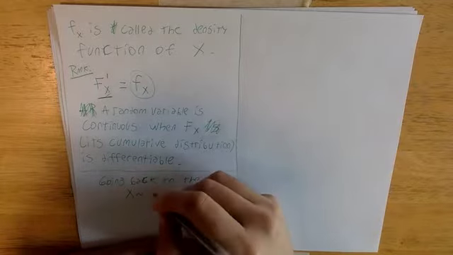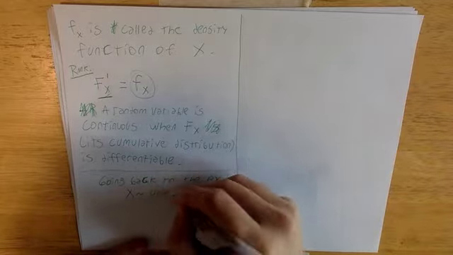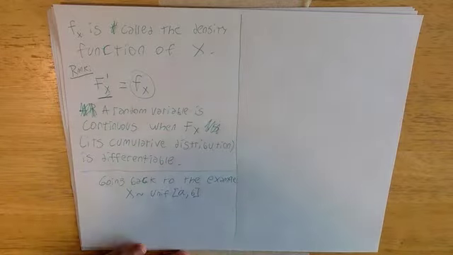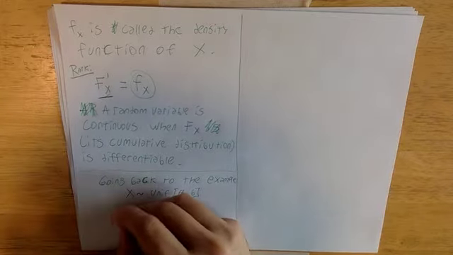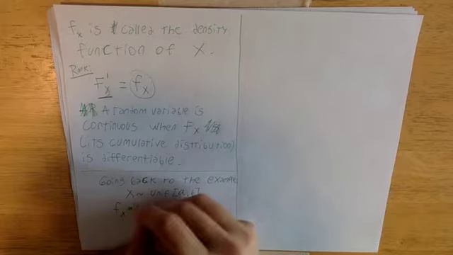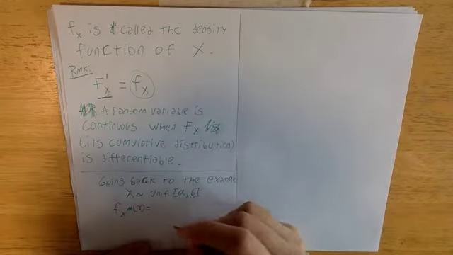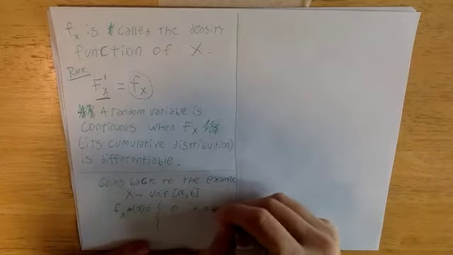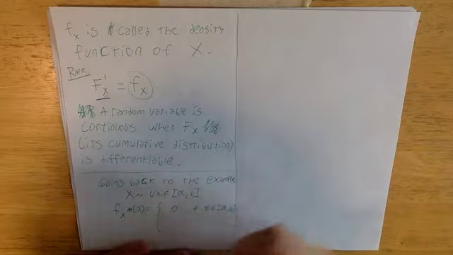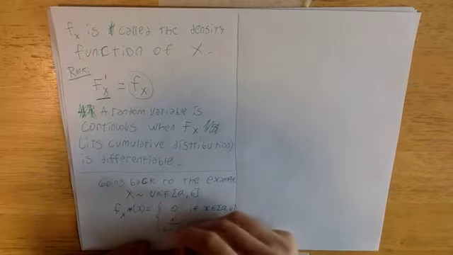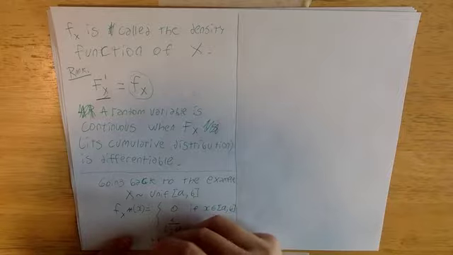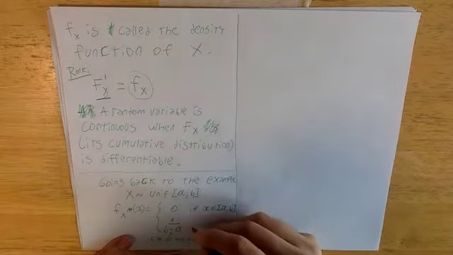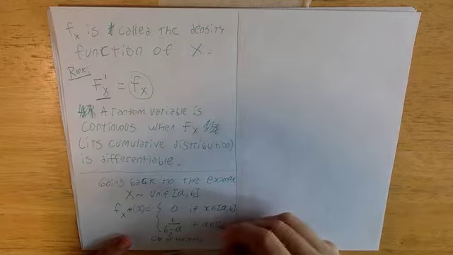So going back to the example, x is uniform between A and B. Then this would mean that little f of x at a given x is equal to 0 if x is not in AB, and is equal to 1 over the size of the interval if x is in AB.